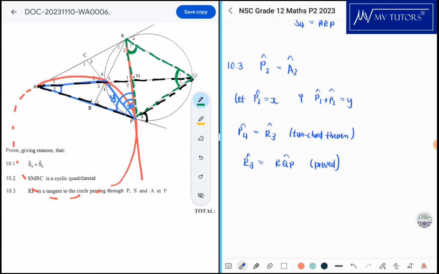Okay, so geez, what? So I know what R3 is, which is equal to RQP, and I know I was looking for P4. Yes, I was looking for P4.